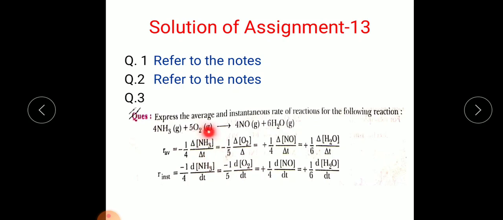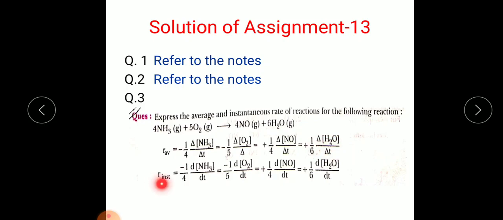Similarly for oxygen it becomes minus 1 by 5 delta oxygen by delta T. And for product it will be an increase, so it will be plus 1 by 4 delta NO by delta T, and for water it is 6, so it will become 1 by 6 delta water by delta T.